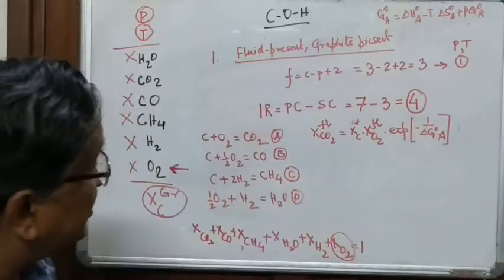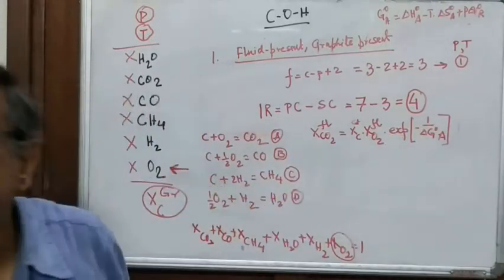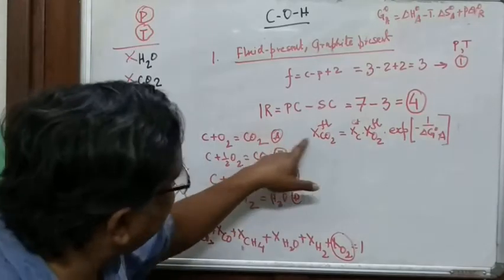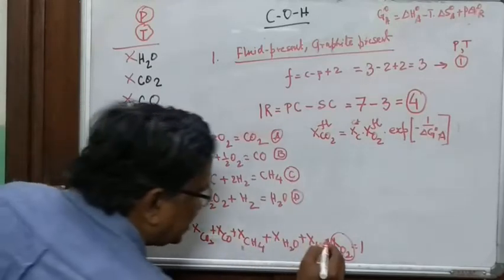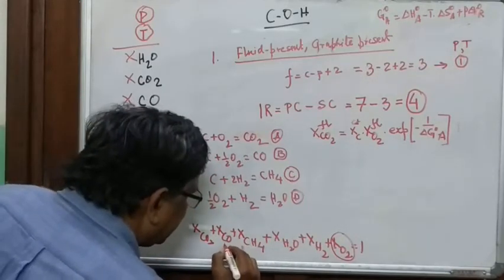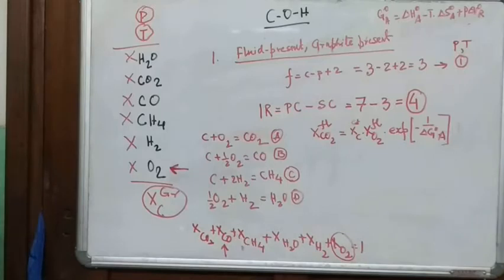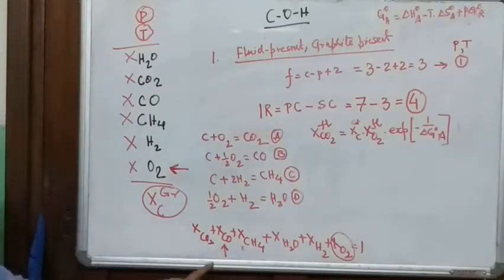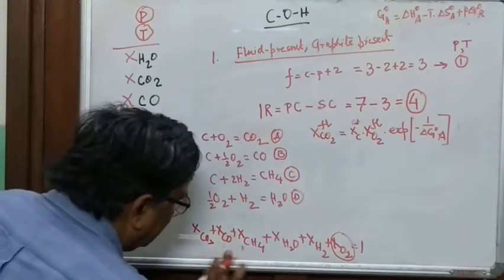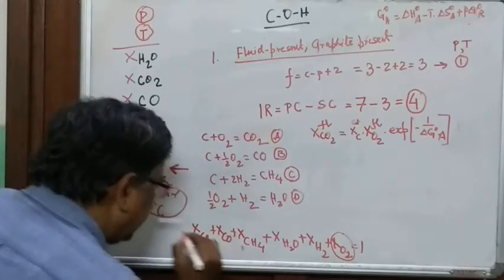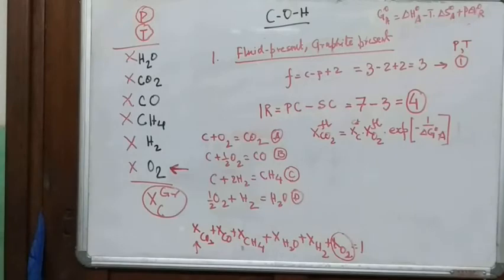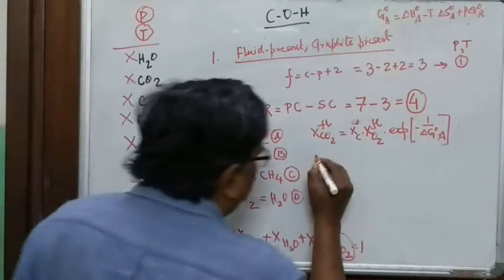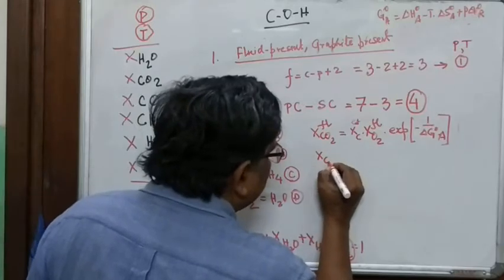So I can find XCO2 from reaction A. So XCO2, I took it as input, circle. And now I have found this one. I have found out XCO2 using reaction A.